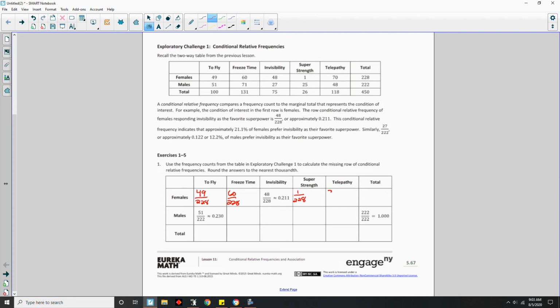Telepathy, 70 out of 228. And totals is obviously going to be all of them, 228, divided by the total 228, which equals 1.000, which is 1, or 100%.